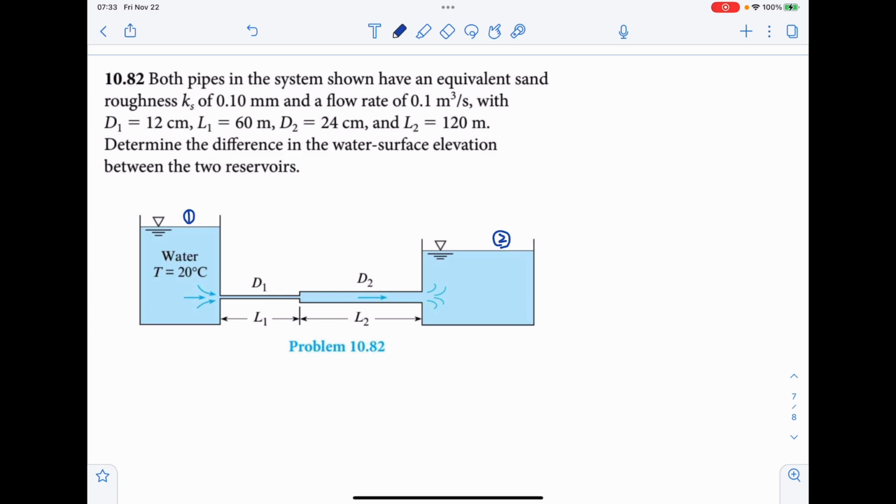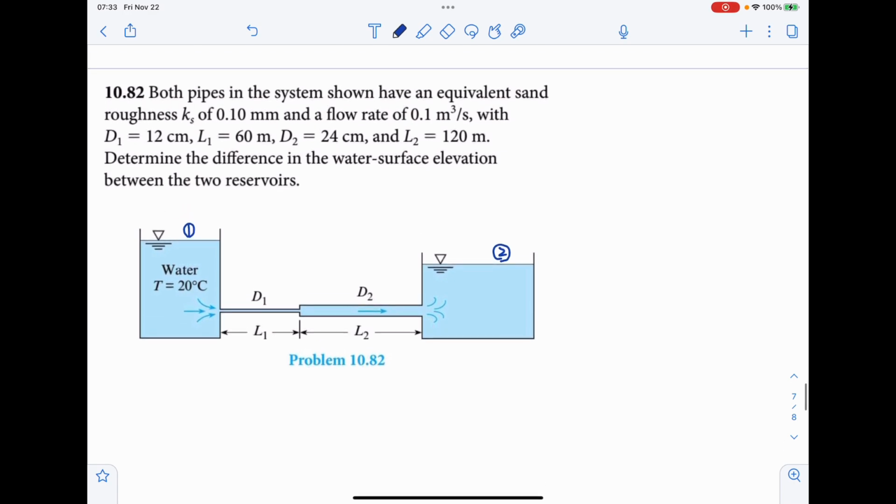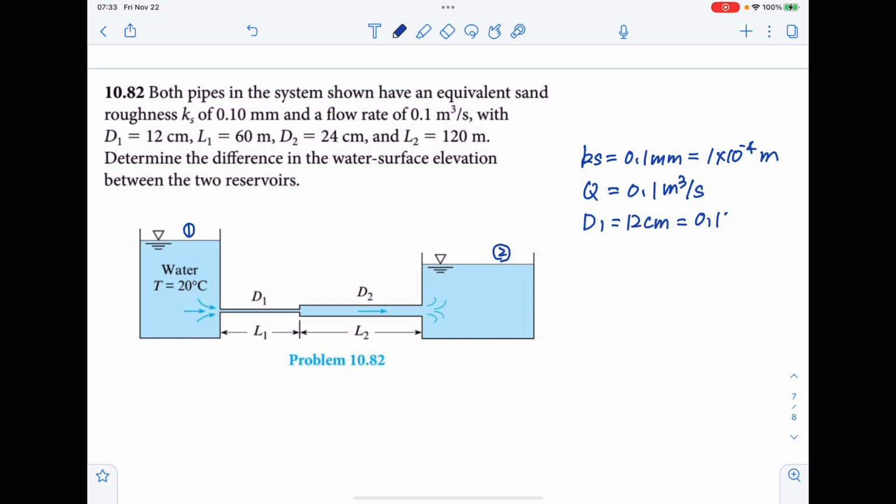Okay, so we're gonna write down all the information we have. First of all, we have Ks equals 0.1 millimeter, which is 1 times 10 to the -4 meter. And Q equals 0.1 cubic meter per second. D1 is 12 centimeter, so it's 0.12 meter.